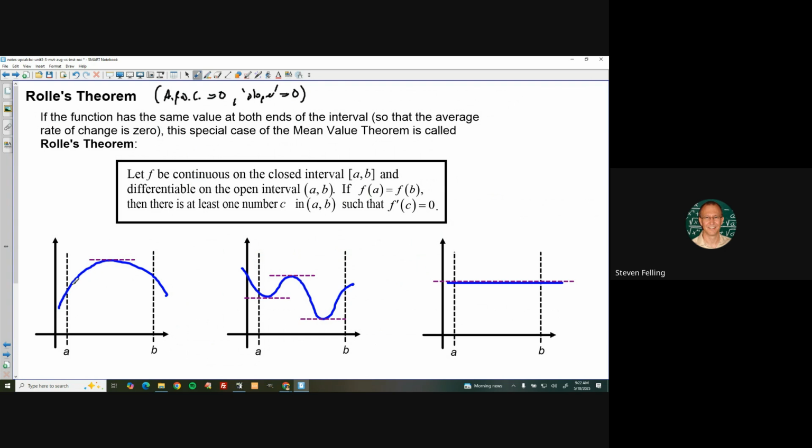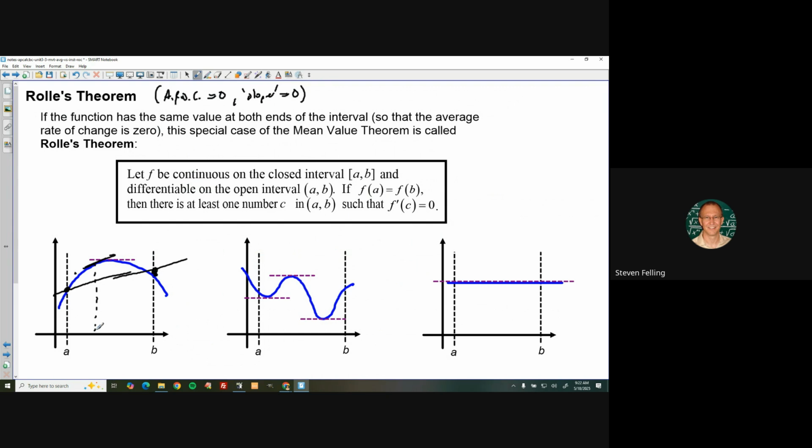if you had, say, a point here and a point here, and you draw the average rate of change line, then there's going to be some value where the tangent line is equal to that.